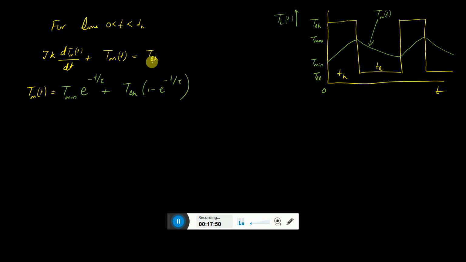So if I substitute that at t equals TH, the final value achieved is T max, we can write T max is equal to T minimum e to the power minus TH by tau plus TLH (1 minus e to the power minus TH by tau).